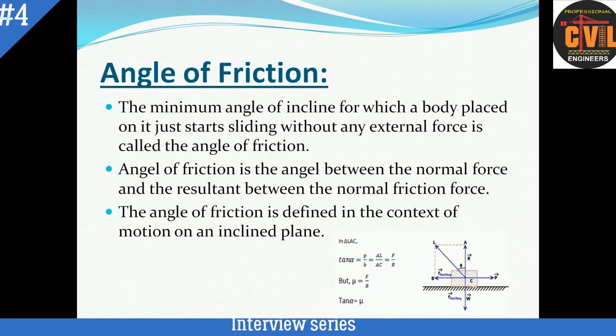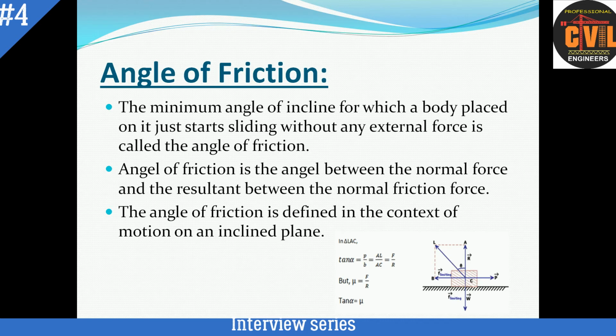Now angle of friction. The minimum angle of incline for which a body placed on it just starts sliding without any external force is called the angle of friction. The angle of friction is the angle between the normal force and the resultant of the normal and friction forces. It is defined in the context of motion on an inclined body, and it is an engineering property of rigid bodies.